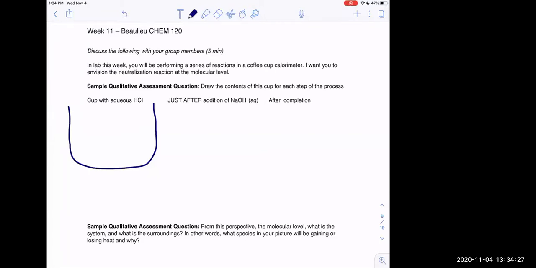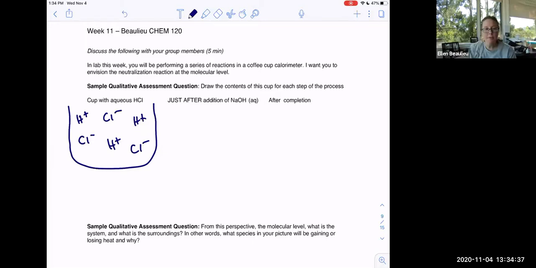Hydrogen and chloride ions being separated in water solution. Perfect. I see ions. I have ions. Okay. Now, I'm going to add some sodium hydroxide to this solution. So I still have all those ions I had before.